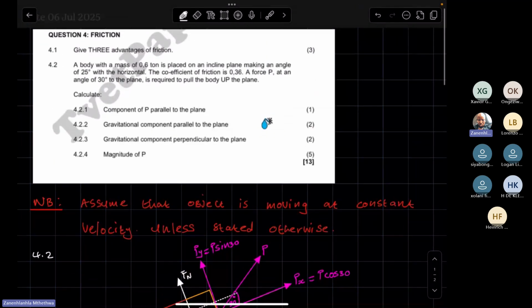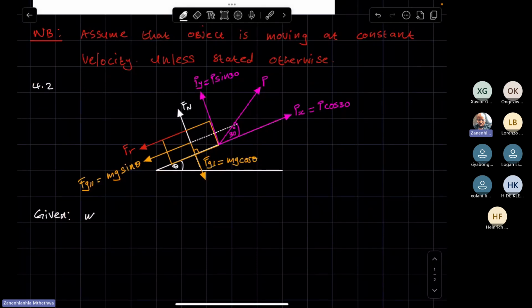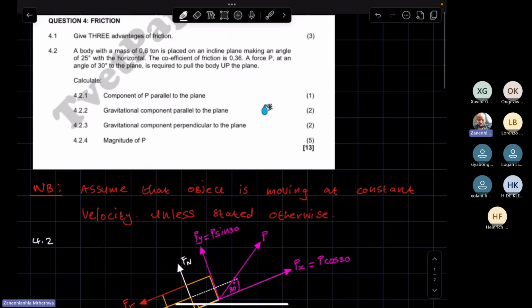So we have the mass. The mass is 0.6 tons. What is 0.6 tons in kilograms? 600. One ton is 1,000 kilograms, so to convert from tons to kilograms, multiply 0.6 times 1,000, which is 600 kilograms.